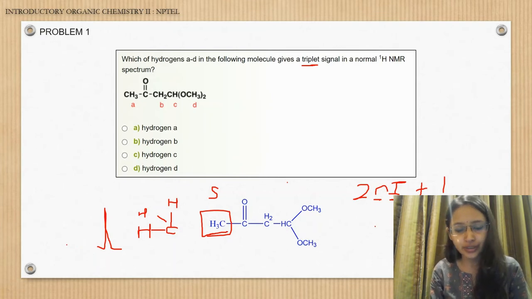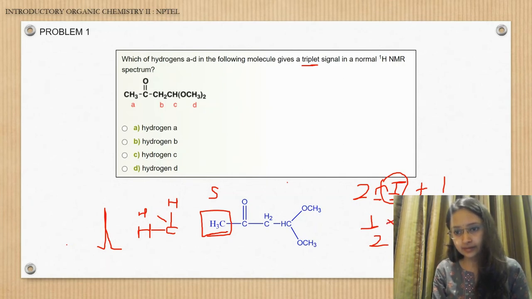If I is half, then 2 times half is 1, so the formula becomes n plus 1, right?